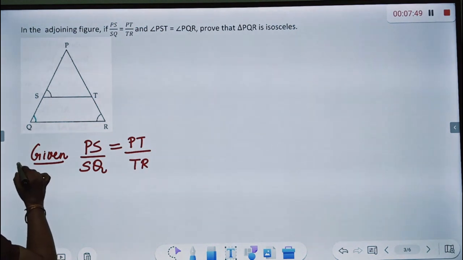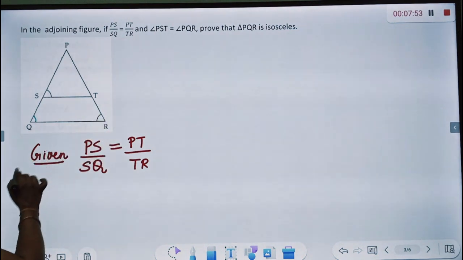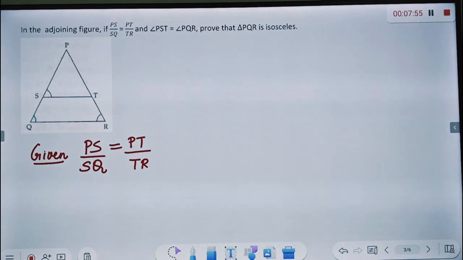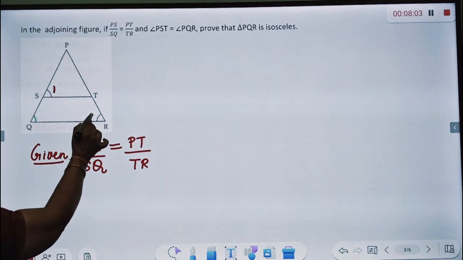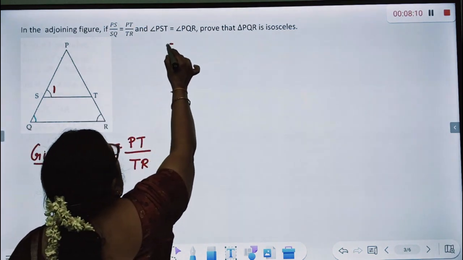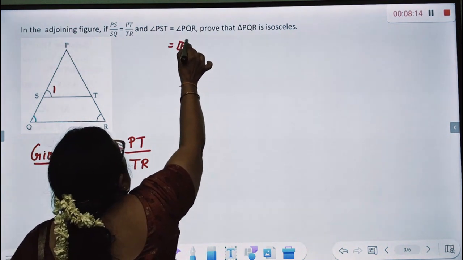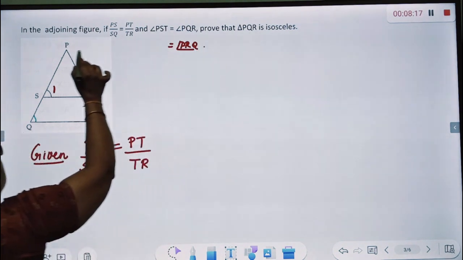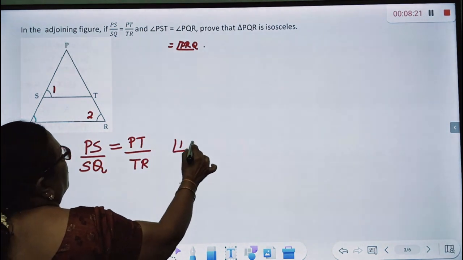Angle PST is equal to angle PQR. Actually, I think here he means angle R, that is PRQ, because this is what is marked. PST is PRQ. Angle 1 equal to angle 2.